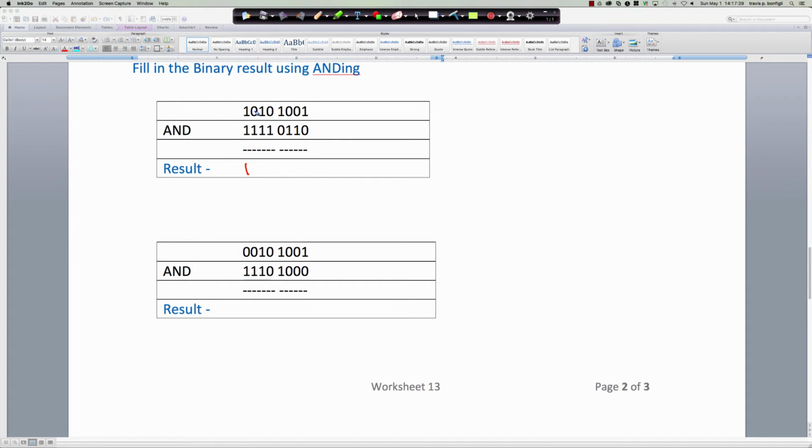If it's not 1 and 1, it's a 0. 1 and 1 is a 1. 0 and 1 is 0. 1, 0, 0. 1, 0 is 0. 1, 0 is 0. And 1, 0, 0. Because the only two places where we have a 1 being ANDed with a 1 is right there. There's two places in our exercise here. So our result would be 1, 0, 1, 0, 0, 0, 0, 0.